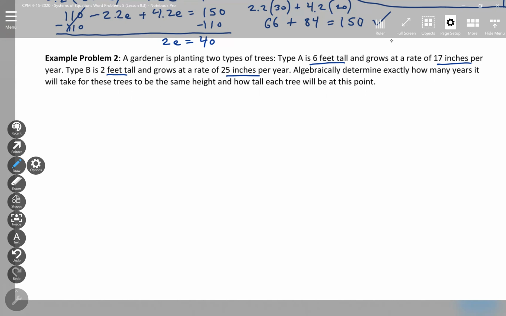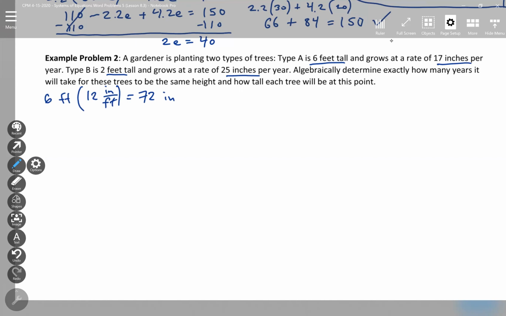So 6 feet, that's the initial height of the type A tree. And to convert that to inches, we would just multiply it by 12 because each foot is equal to 12 inches, right? 12 inches per foot. So 6 feet times 12 inches per foot, that gives me 72 inches.